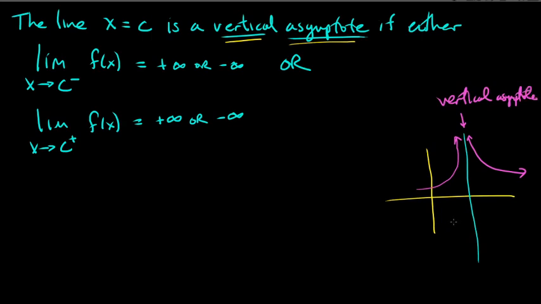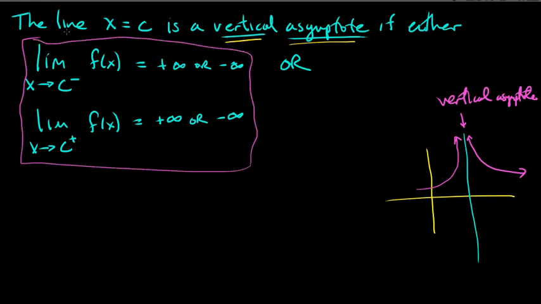But we didn't specifically define it, at least not formally, not rigorously, because in order to define it, we need the idea of a limit. Right? So the line x equals c, being a vertical line, is a vertical asymptote if either one of these limits is true. Okay?